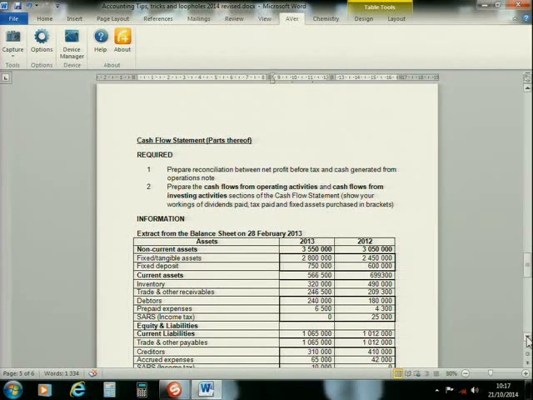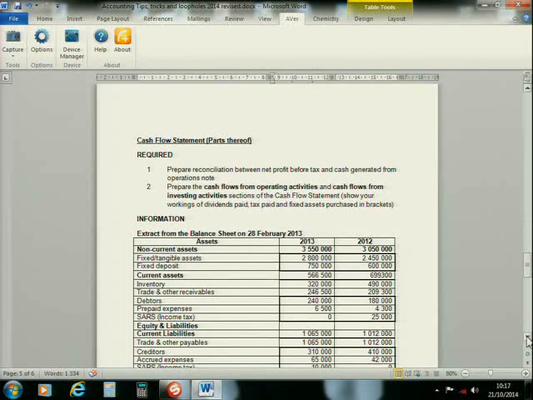So what this means for cash is, an increase in your liabilities, an increase in loan, trade and other payables means an increase in cash, and therefore do not bracket. Well, let me put it this way.